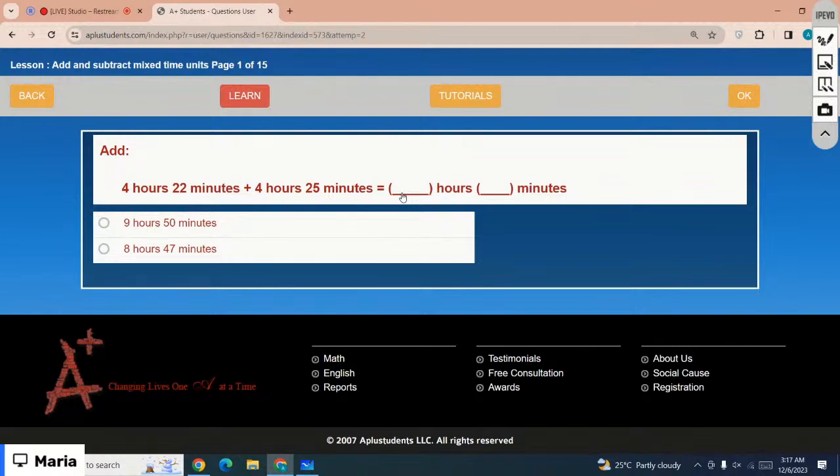You need to add. So you can add hours to hours and minutes to minutes. So 4 hours plus 4 hours makes 8 hours, and 22 plus 25 makes, yes, that is 47. Option number 2 is the correct option. Together they make 8 hours and 47 minutes, right?